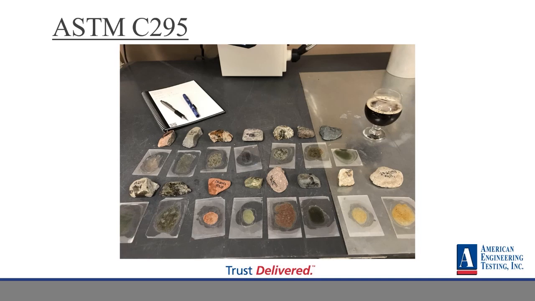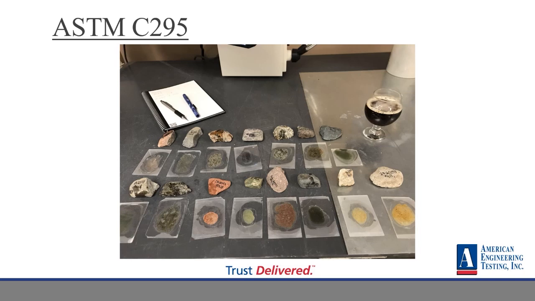You use a 1 inch, 3/4 inch, 1/2 inch, 3/8, number 4, number 8 US standard sieves. So you get a gradation, and on each sieve, you want to split that down to approximately a minimum of 150 particles. So then after you get your thin sections analyzed and you have rock names for all those, then you can start to compare and contrast your hand sample of 150 particles.